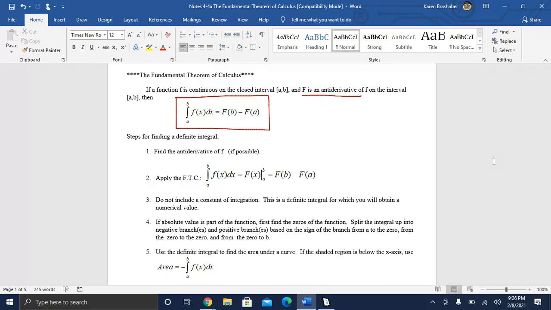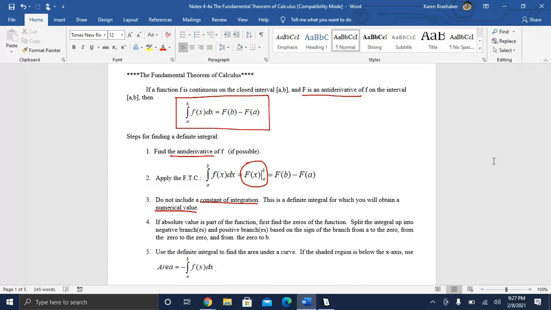So we will find the antiderivative as we have before, but there will not be a plus c. So no constant of integration. You should get a numerical value. And you'll see a notation that we'll use for evaluating is sometimes just a line, or I tend to use brackets.